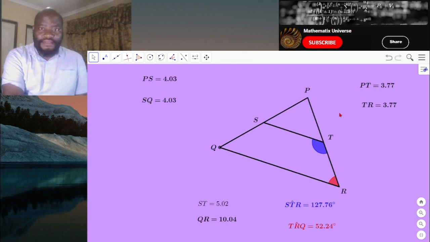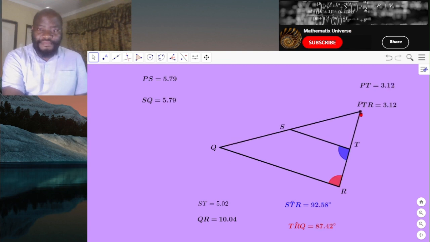Then we can try and make this a right angle triangle here. So close. But almost got it.